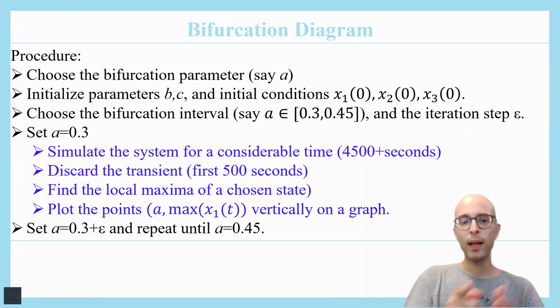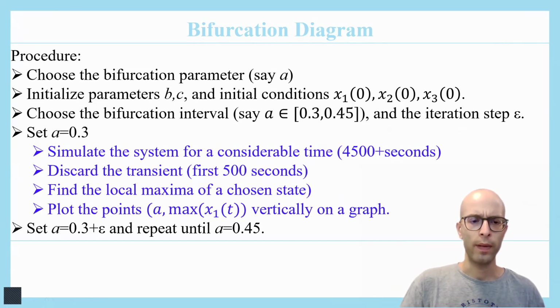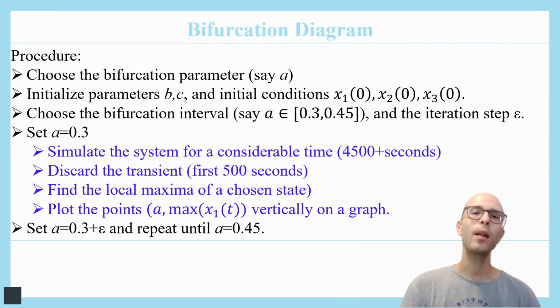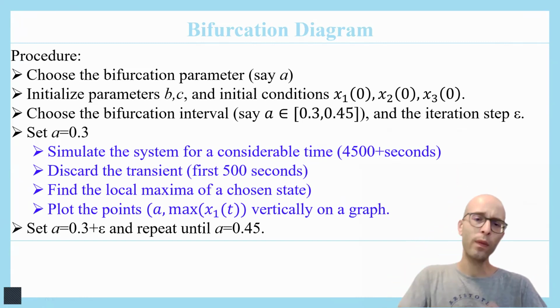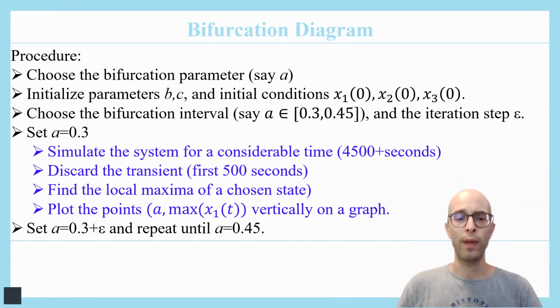Then I increment alpha by a very small value and solve the system again, discard the transient, find the local maxima for my chosen state, and plot them at the new value of alpha. Then I increase alpha again and again until I finish my for loop.